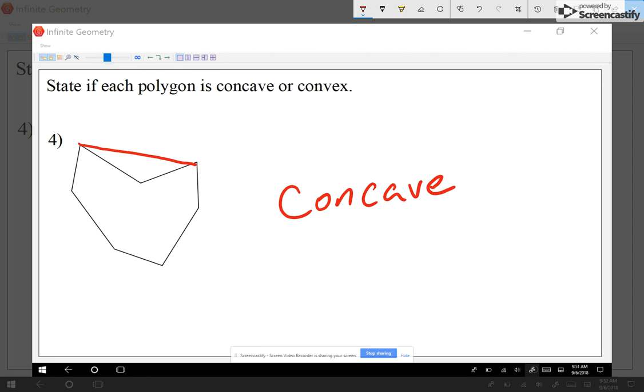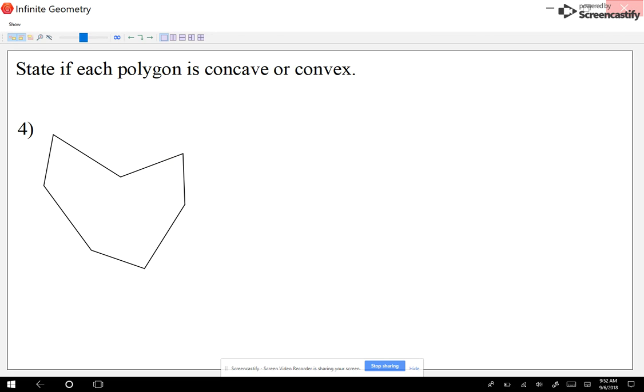There could be more. In this case, there's only one, but 1 is enough. So in this case, it's concave. If I cannot think of a diagonal outside, so all of them are inside, then it's convex. So concave, at least one of them is outside. Are we okay with these?